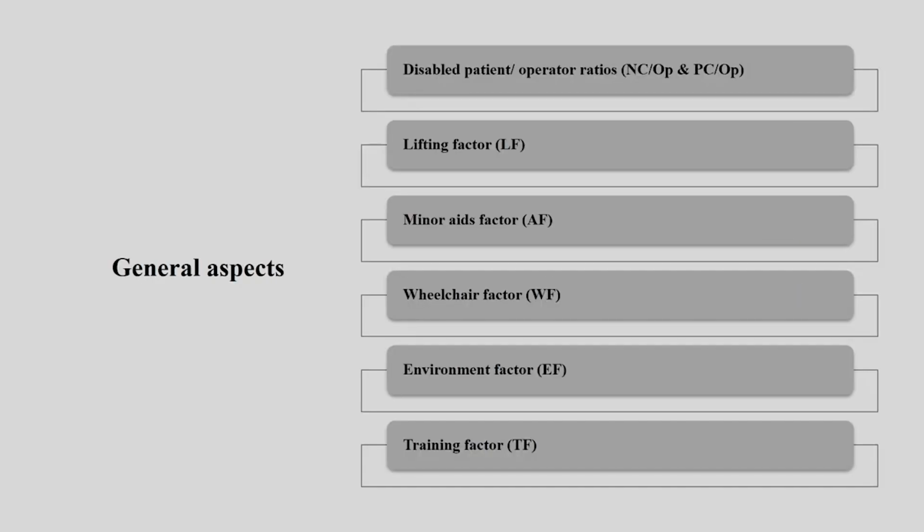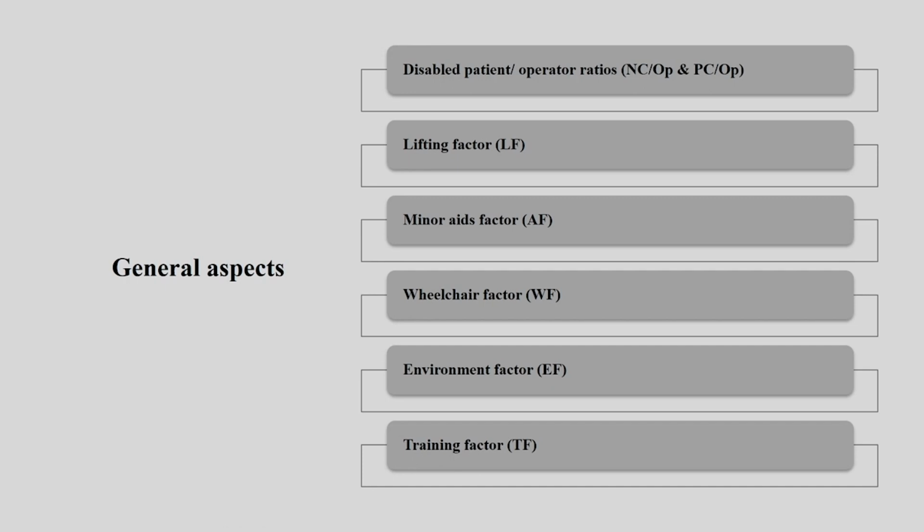When we are talking about general aspects, we need to understand that we have a variety of factors involved. The very first thing is, what is your patient quality? Is the patient completely non-cooperative?